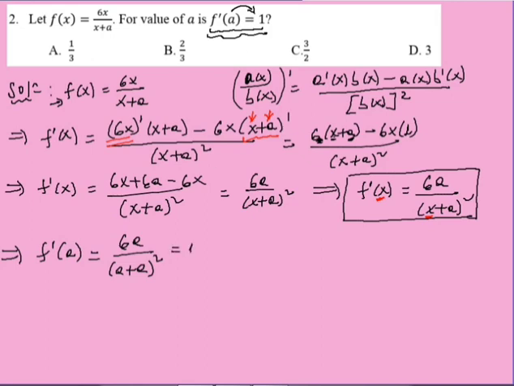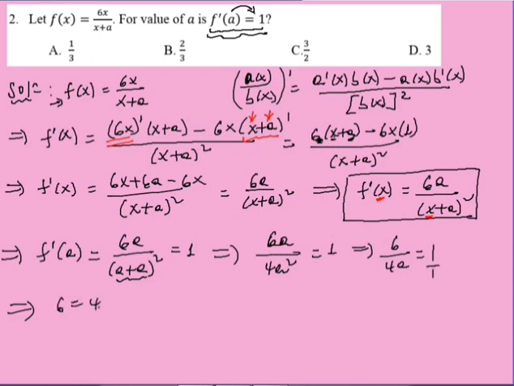So this implies 6a over a plus a, which is 2a, 2a square is 4a square, is equal to 1. So this implies 6 over 4a is equal to 1. This implies crisscross this value.